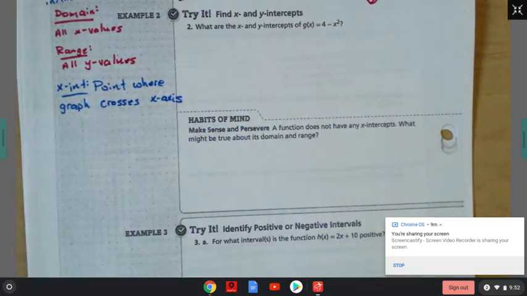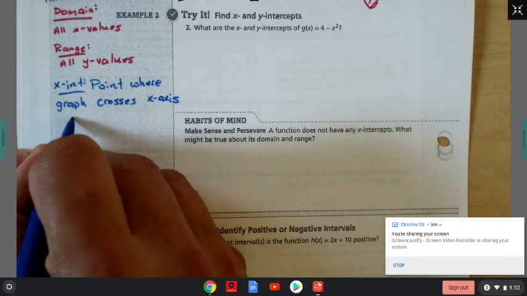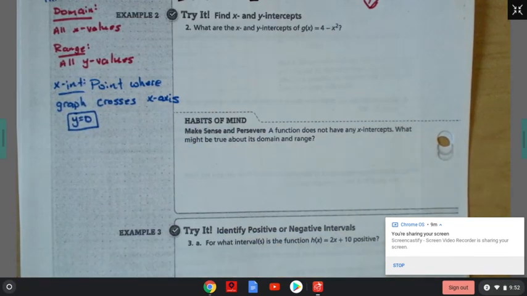And if you cross the x-axis, if the point is on the actual x-axis, that means that our y value has to be 0. So it's wherever y equals 0. Okay, so if you had a graph and you just had a bunch of points, wherever y was 0, that is what our x-intercept would be.